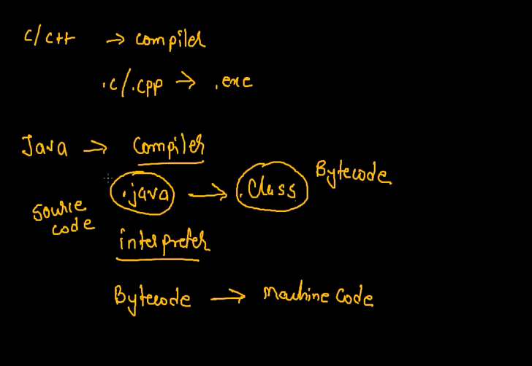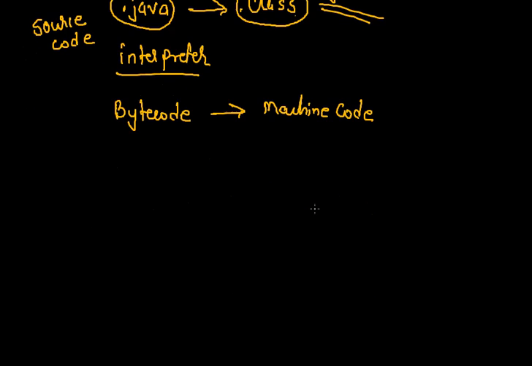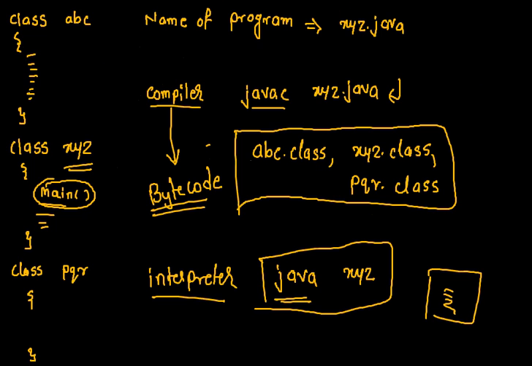Okay, so bytecode is very important. It is platform independent. I will draw one more diagram through which you can learn how Java is advantageous. See, there is Java source code.